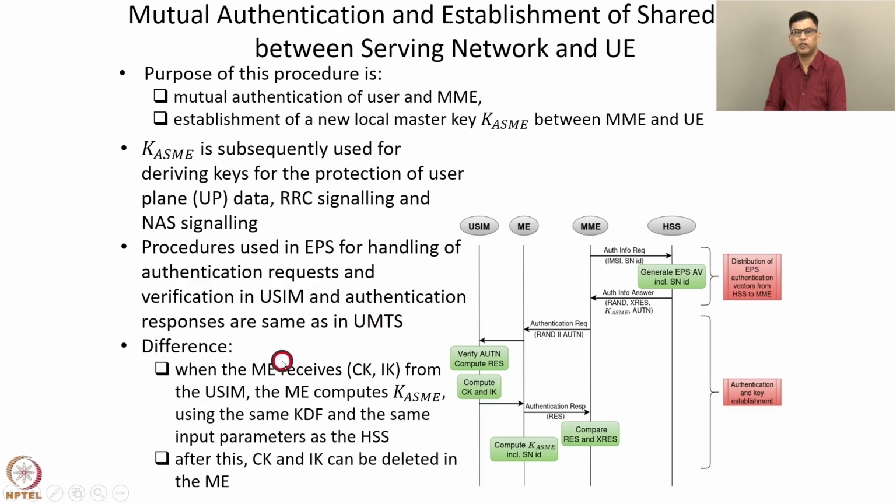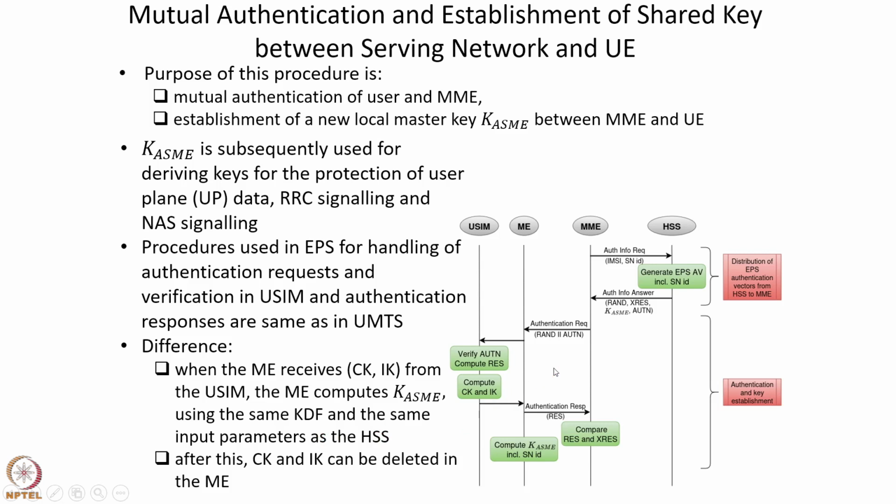When the mobile equipment receives the ciphering key and integrity key from the USIM, as shown in this step, the mobile equipment then computes KASME using the same key derivation function and the same input parameters, which we discussed on an earlier slide, as the home subscriber server had used. So, after this, the ciphering key and integrity key can be deleted in the mobile equipment.